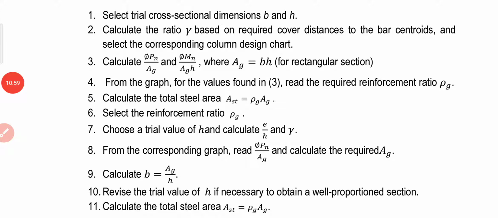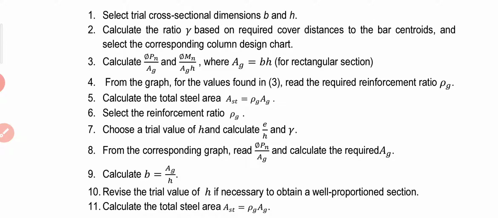These are the steps which we follow for solving the eccentrically loaded column design. First, select trial cross-sectional dimensions b and h. Second, calculate the ratio gamma based on the required cover distance to the bar centroids, and select the corresponding column design chart.